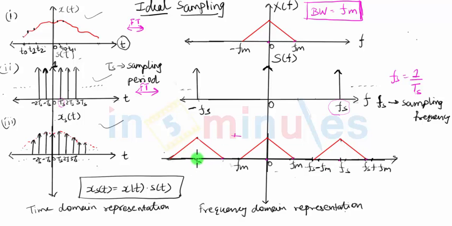Similarly, the left hand side spectrum will be present around -fs, so this point will be -fs + fm, and this point will be -fs - fm. And these are not the only three spectrums. We will have continuous repetition of these spectrums taking place on both the sides. So this is what we call the frequency spectrum of the sampled version of the signal. This is Xδ(f).